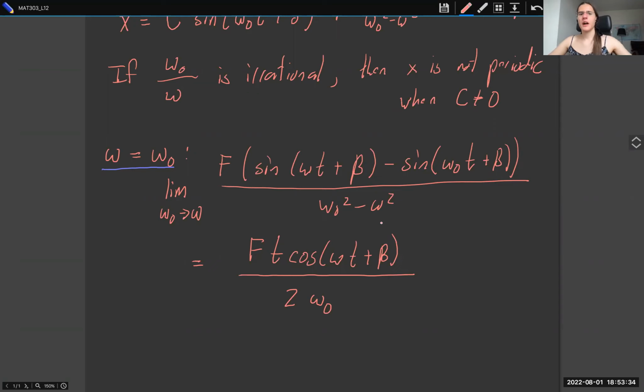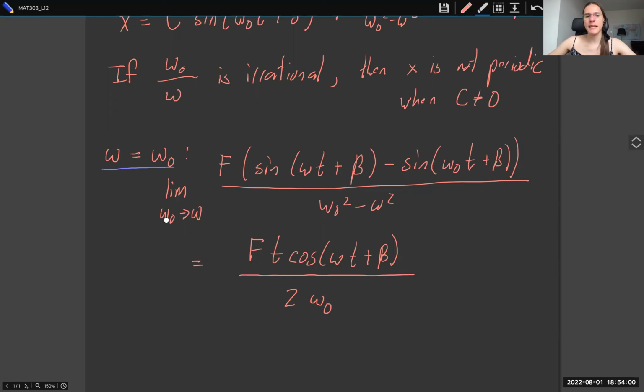in the book, what I get is a minus sign out front. If I think about this, if I take the limit, it's omega here, but it's omega naught here. So if omega naught is the variable, that checks out, because here I have omega and here I have omega naught.